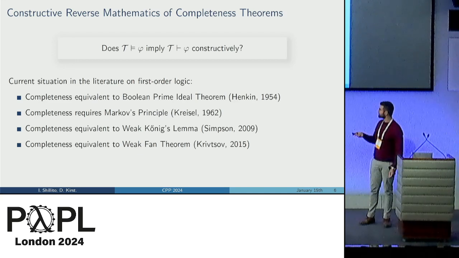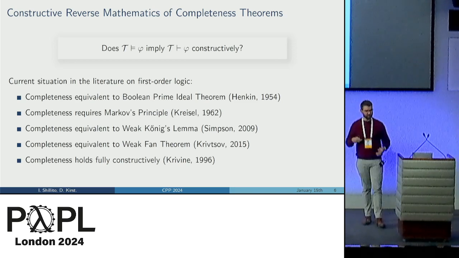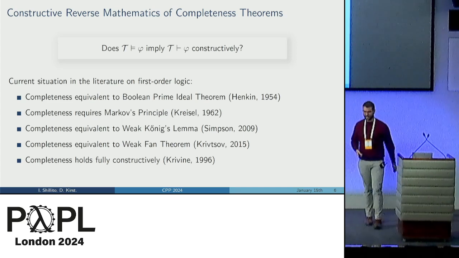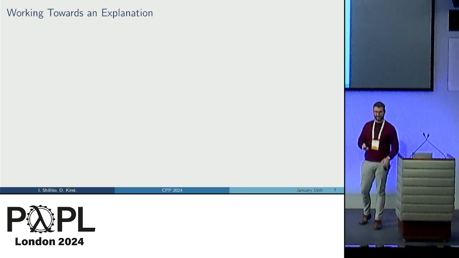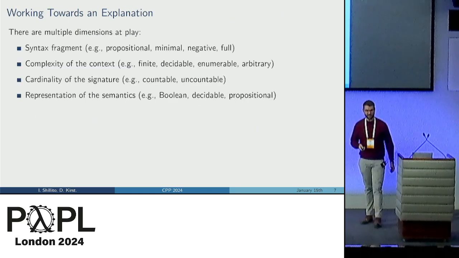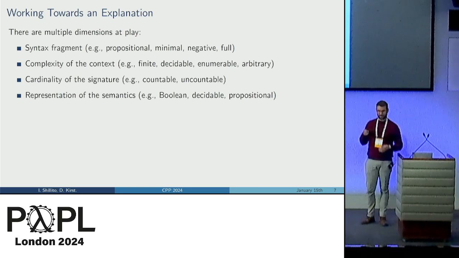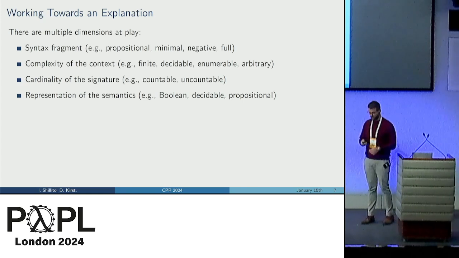And even more funny, in the literature there's also a paper claiming there's a fully constructive proof, not needing any principle. So we have been puzzled by that for quite a while, confused and trying to understand what's going on. Basically, there are many different things at play, and it really depends what formulation of completeness you choose and which constellation of different dimensions you use that contribute to the status of completeness.